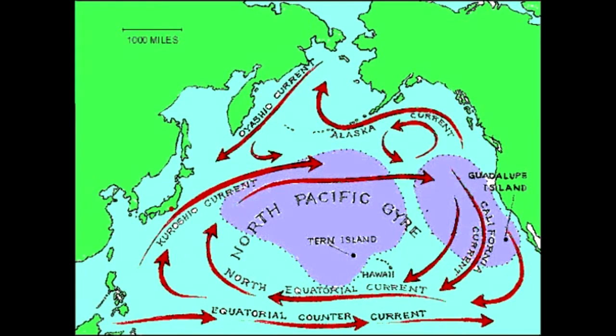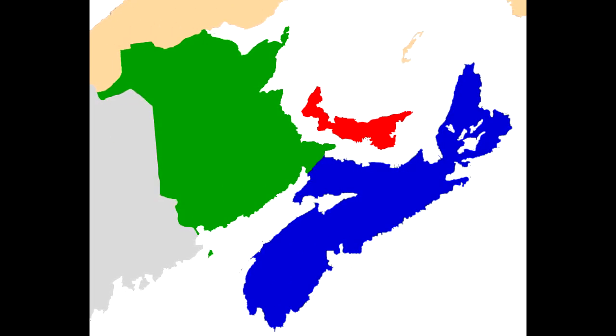Furthermore, the North Pacific Current of the West Coast is too far up north to maintain hurricanes. The winds of the cyclones and tropical storms on the west coast are usually too slow to be considered a hurricane. Therefore, the prime targets for hurricanes are the maritime provinces, New Brunswick, Nova Scotia, Prince Edward Island, and Newfoundland and Labrador.